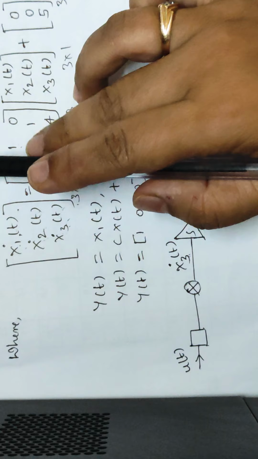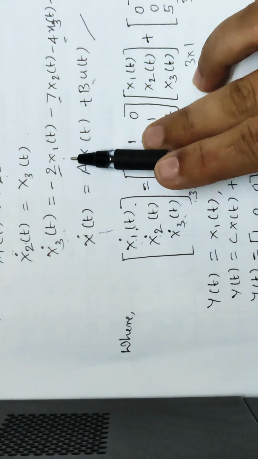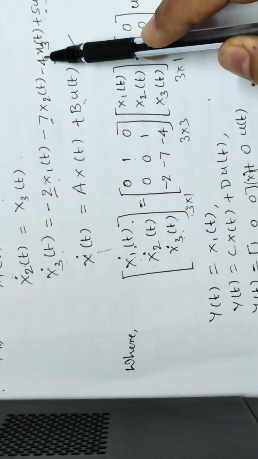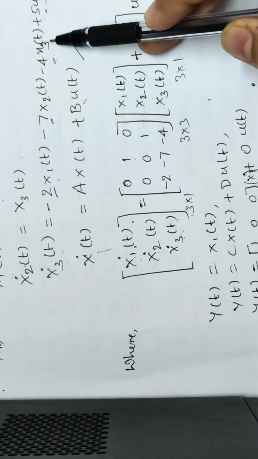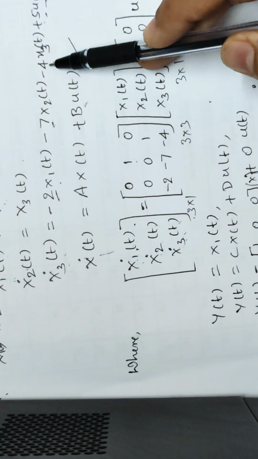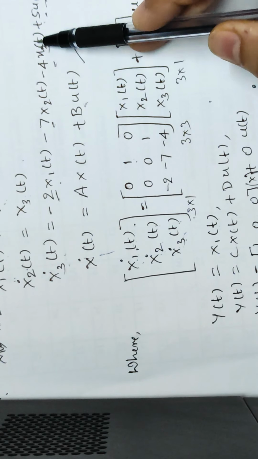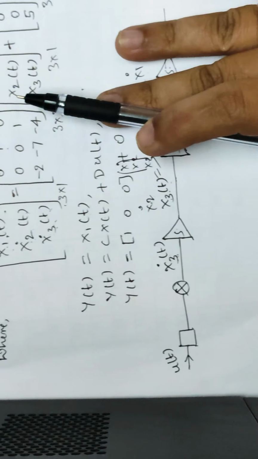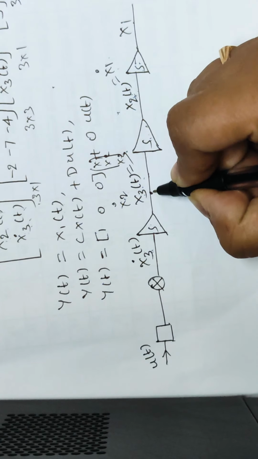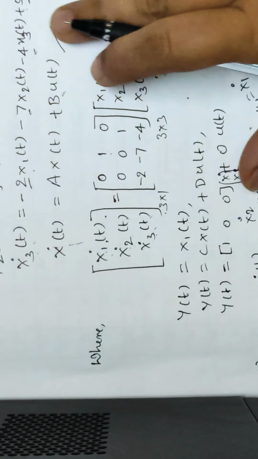See here in this equation, x3 dot is equal to what? Minus 2x1 minus 7x2 minus 4x3. So draw this here, minus 4 into x3, right. Where is the x3 variable? x3 variable is here, right. What is the multiplication for this x3? Minus 4.